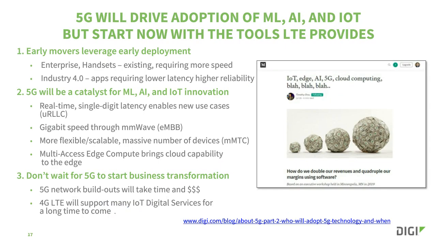So what we're saying is the early movers will drive adoption of machine learning, AI, and IoT with the edge capabilities of 5G. But you can start now, because the key thing, and this is from an article by Dr. Timothy Cho, who wrote Precision and recently spoke at our conference here at Digi as well, is about digital services, and there's a transformation that has to happen.